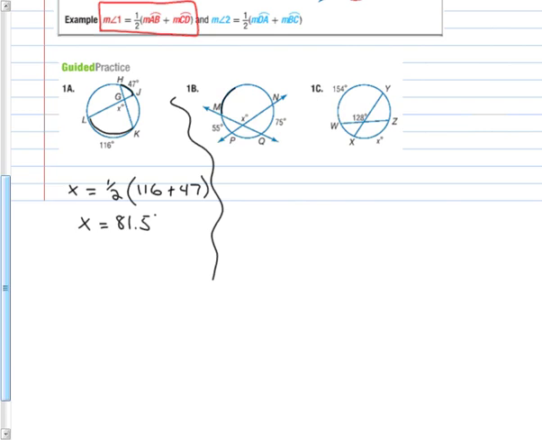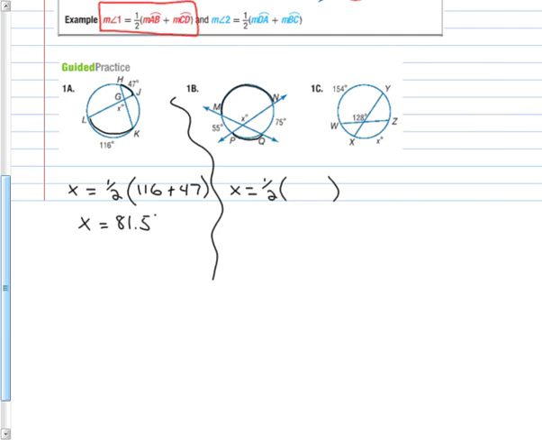Right over here, I'm supposed to figure out the measure of angle X. Well, these are the two arcs, and they don't tell me anything about those two arcs. I know that angle X is supposed to be 1/2 the sum of those two arcs. Can you figure out any way that I could get the sum of those two arcs?